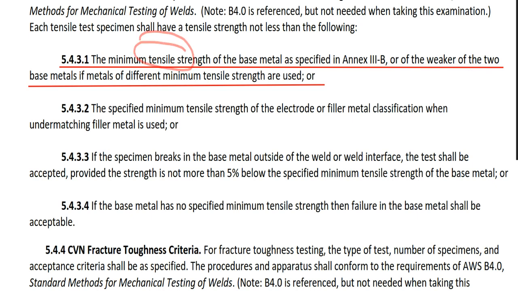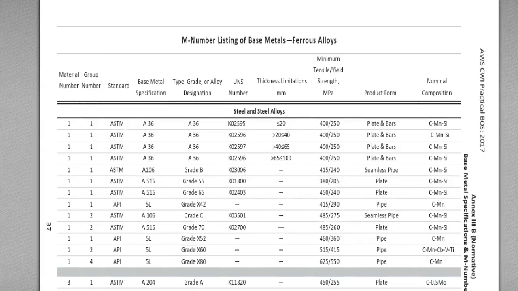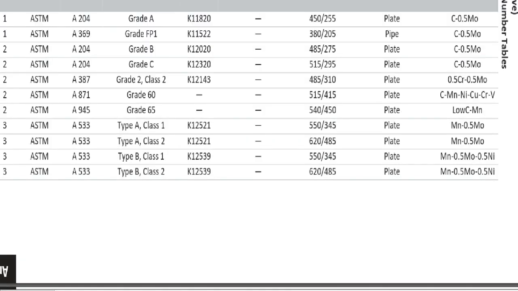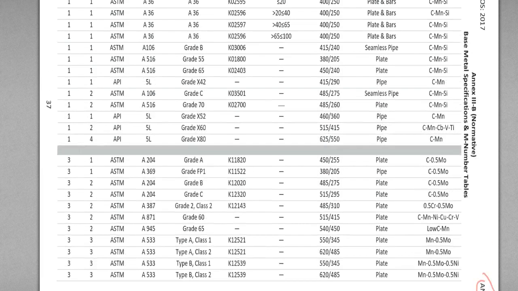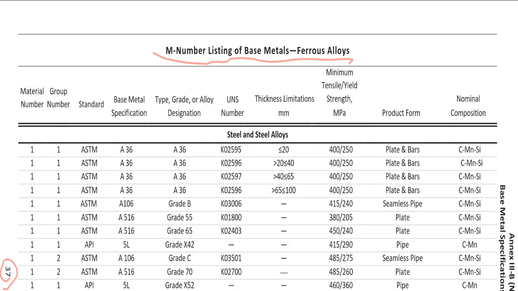You can find the minimum tensile strengths in Annex 3B, which is here. This page is 37 in the Part B Book of Specification, M-number listing of base metals, ferrous alloys. Here you can see material number and group number. Material number is M number.